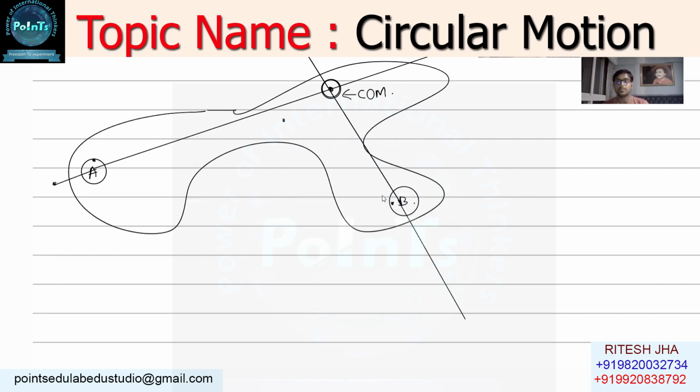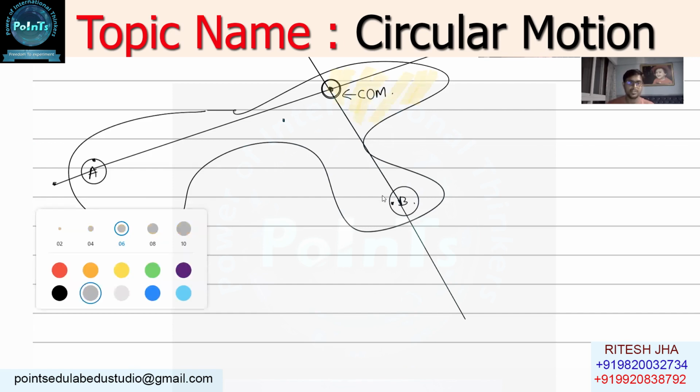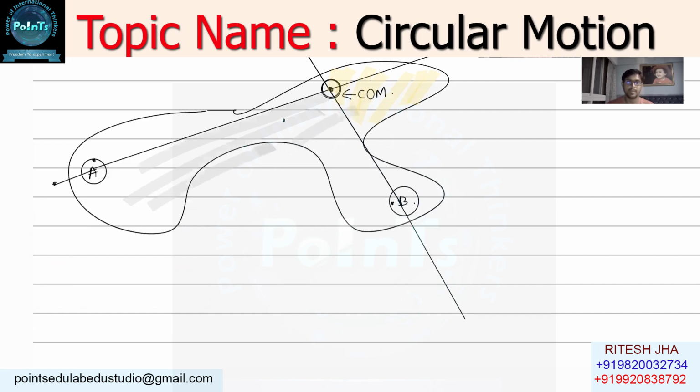Then you can take the patches. I can take this patch, or a different patch like this whole patch, and then determine the moment of inertia of those small masses, depending on their density.